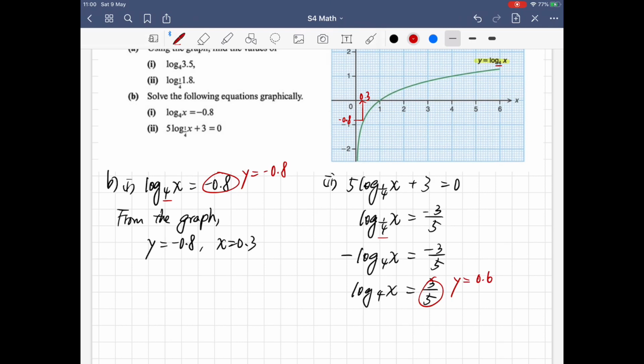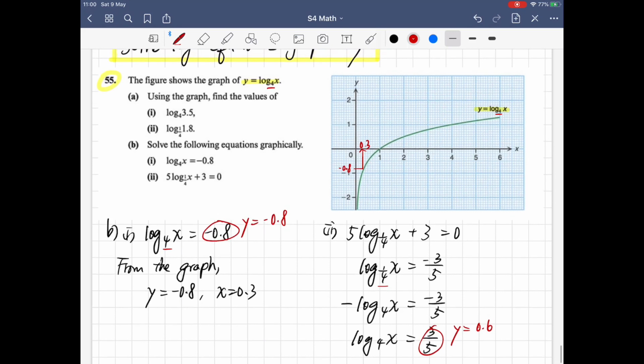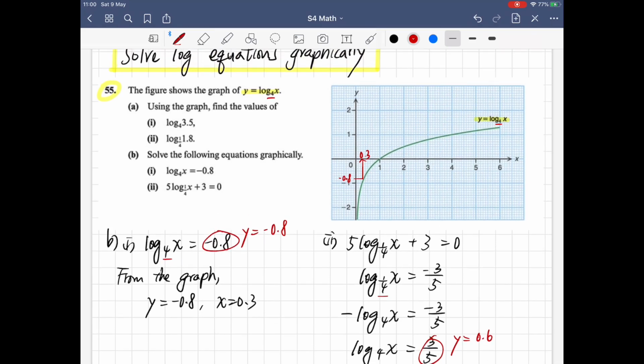Then let's go back to the figure. So for y equals 0.6, again we construct a horizontal line.